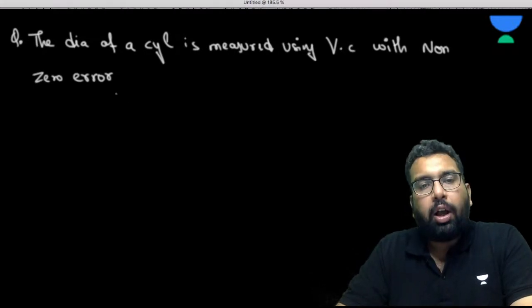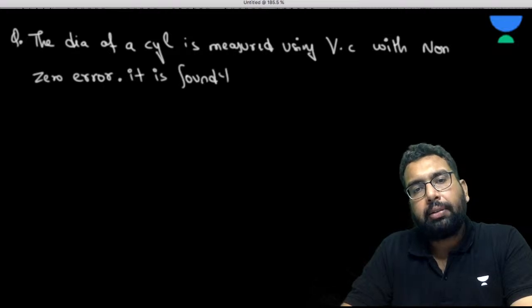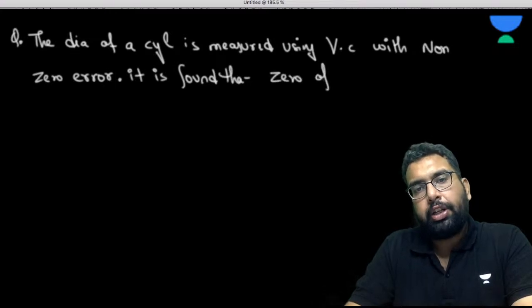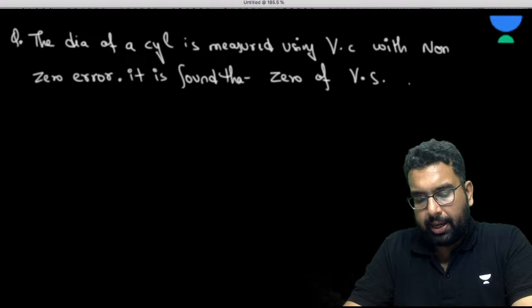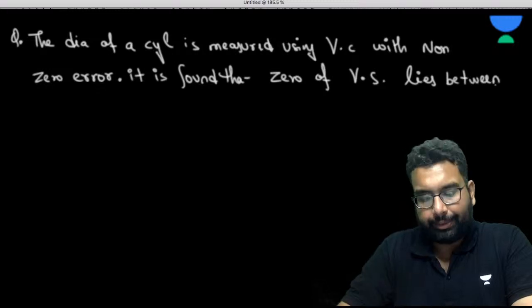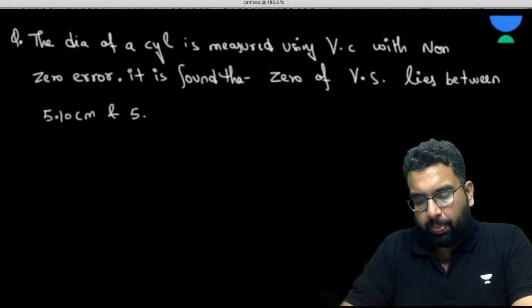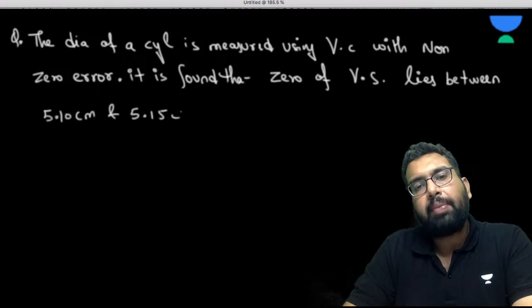Now it is found that the zero of the Vernier scale lies between 5.10 centimeter and 5.15 centimeter of the main scale.